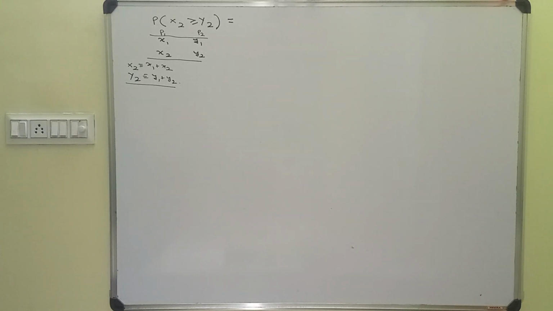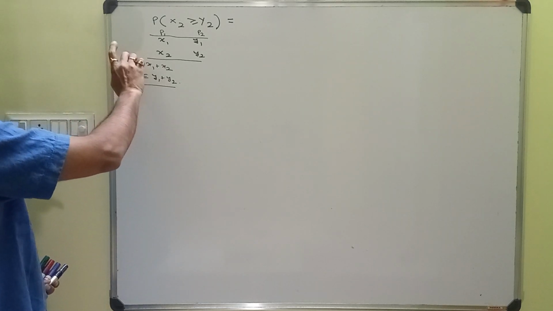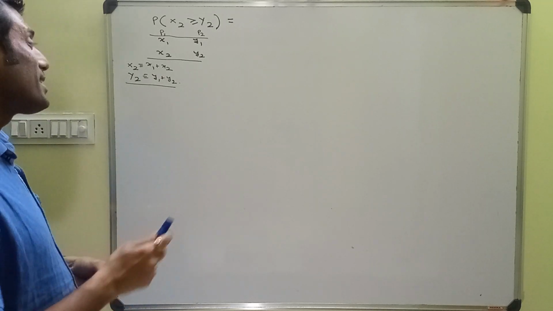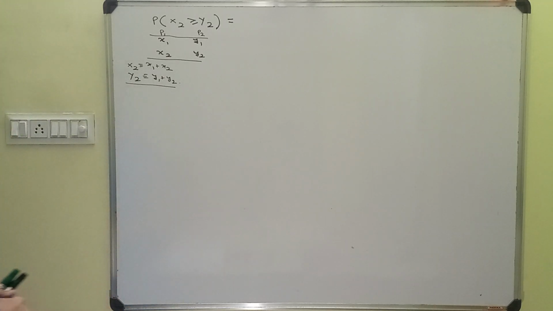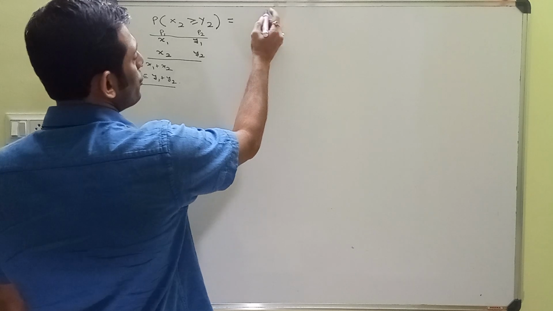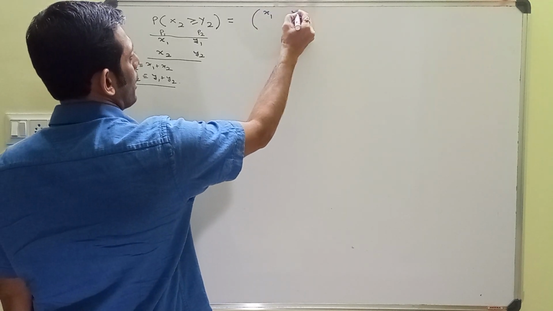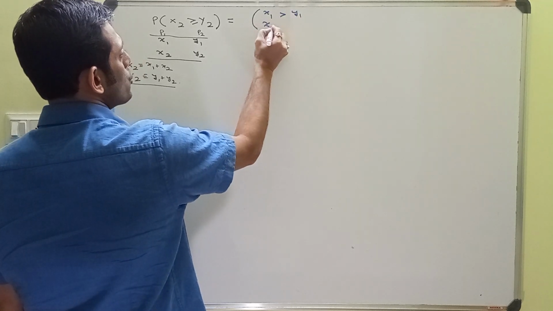Now, what is the probability for the net score to be greater for P1 than for P2? How can this happen? This can happen in several ways. One of them can be something like this, that in both the games P1 scores more.